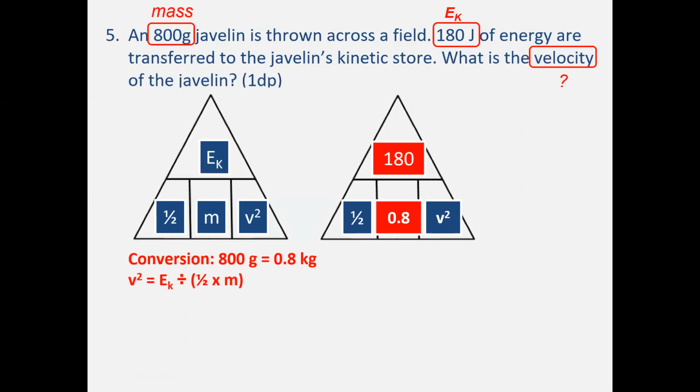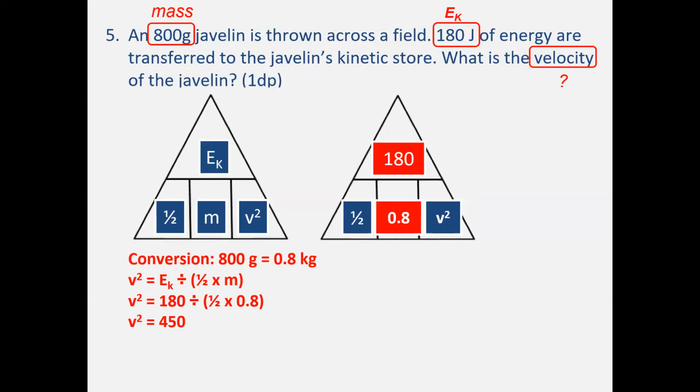So again, velocity squared would be 180 joules divided by 0.5 times 0.8, which would give you a velocity squared of 450.